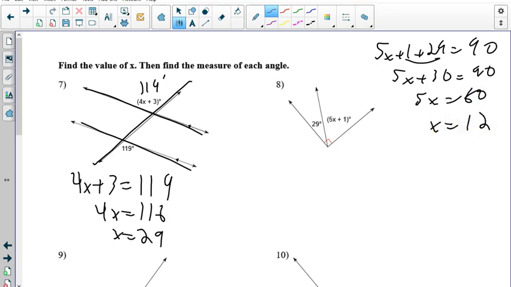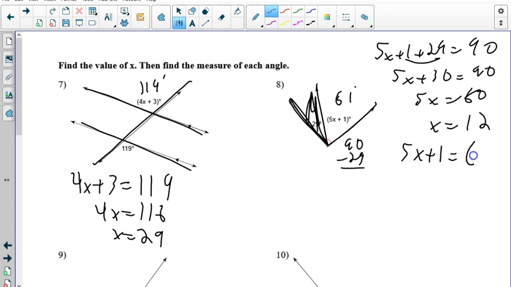That's one way to do it. The other way is, if you know this is 90, and you take away this 29, well that means 90 minus 29 is 61. So you could just say 5x plus 1 equals 61. It's going to look very familiar in a second.